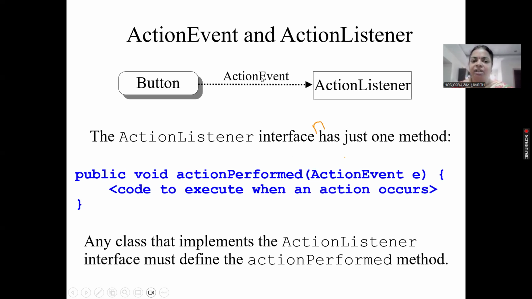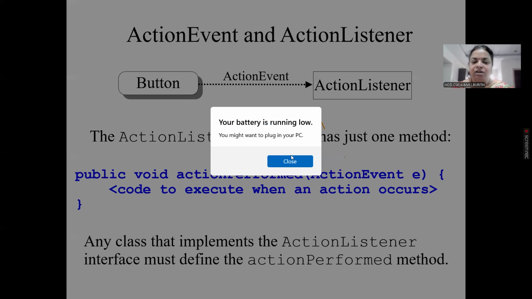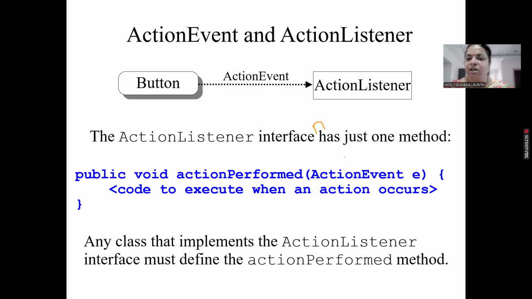So whenever the button is clicked, the action event will be raised. The object will be created and sent to the class. In the class, the action listener will call the actionPerformed method and execute the code related to the method. So related to the button, whatever code you want to execute, you will write in actionPerformed and that will execute. So for each and every event from a control, an event object will be created.